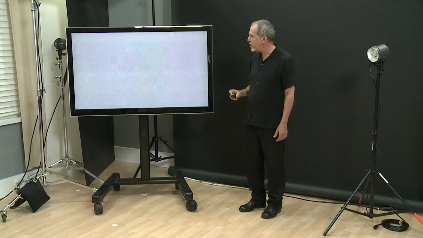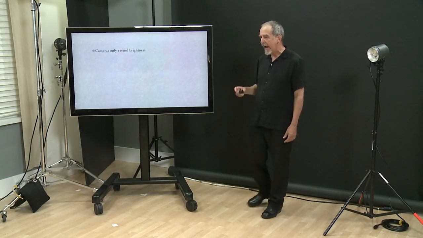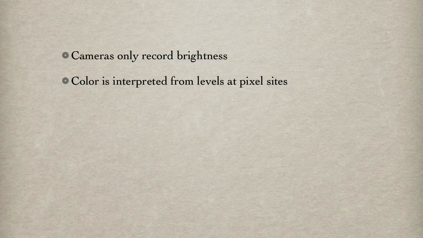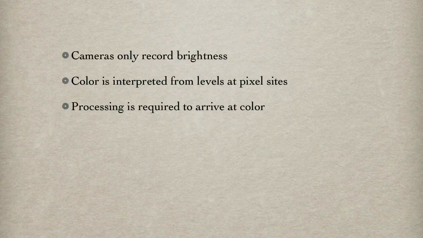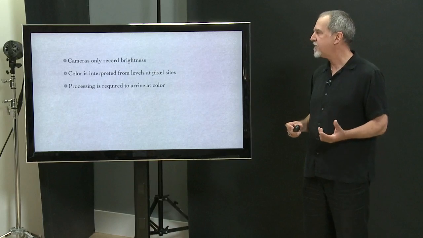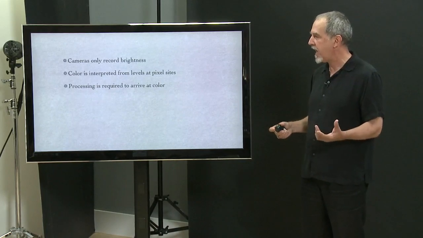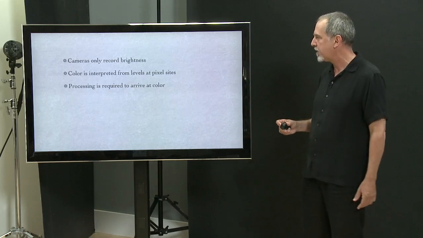So the thing to remember about this is that cameras only record brightness, and the color is interpreted from the brightness levels at those pixel sites on the CCD. And you have to process these files either in the camera to arrive at a JPEG, or later in the raw processing software to actually arrive at color. So even though color is not actually captured, it's sort of created after the fact.